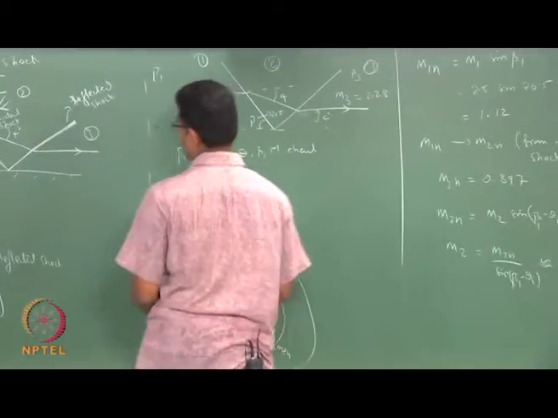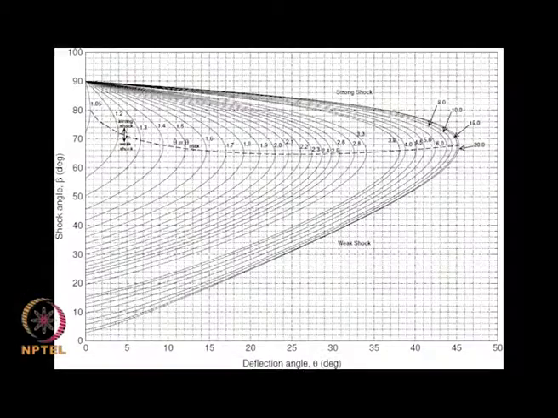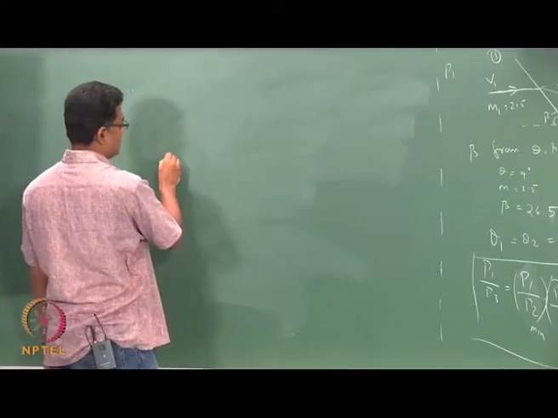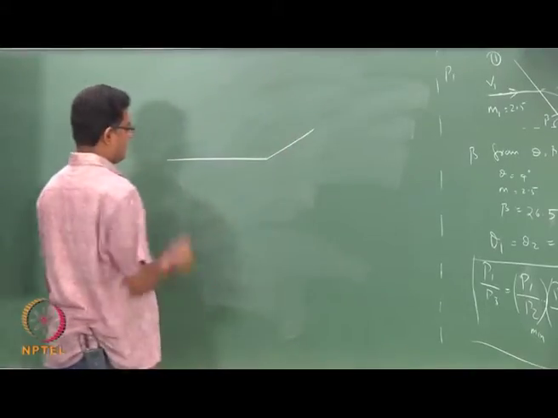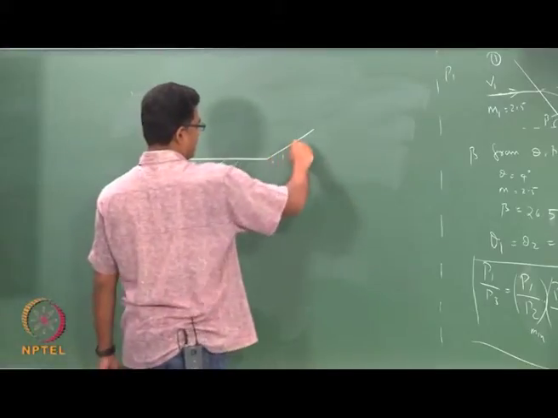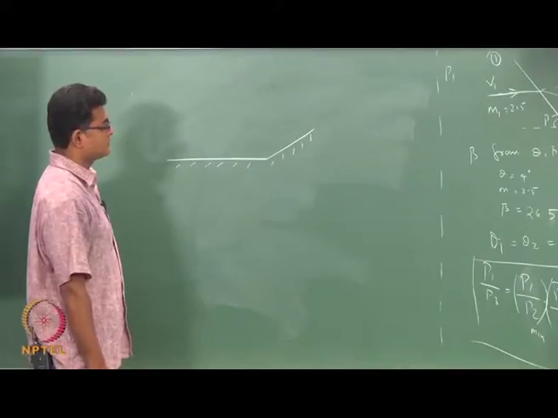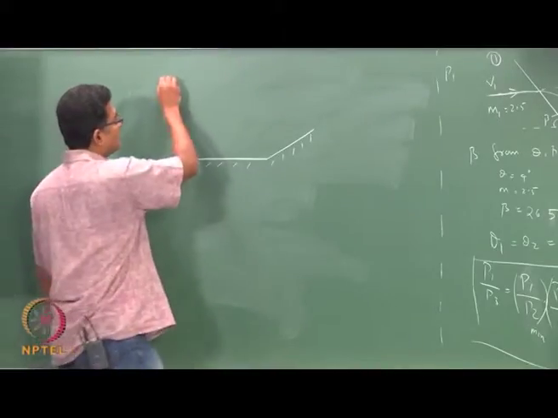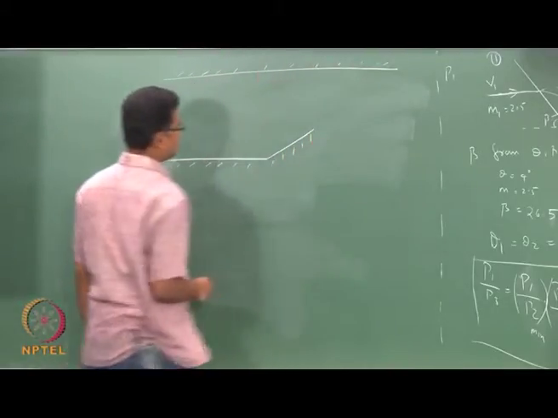Similarly, you can do another tutorial. So, my flat plate then suddenly encounters a ramp, and there is a top wall here.